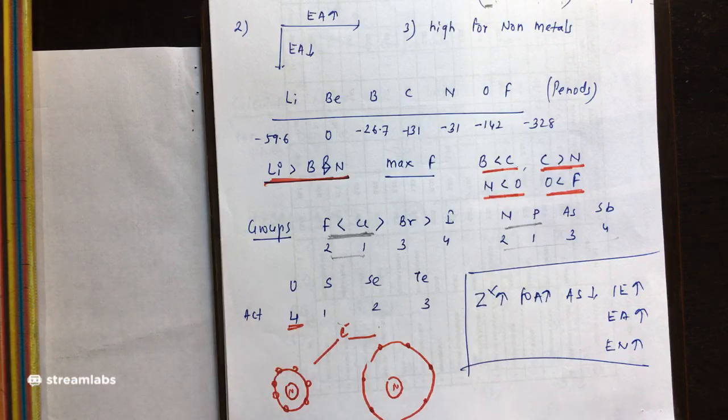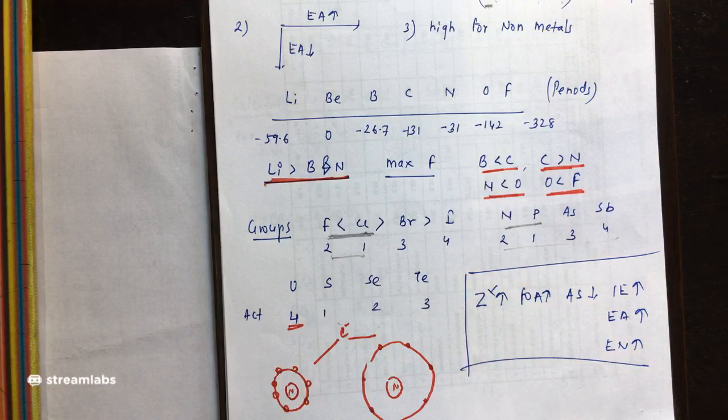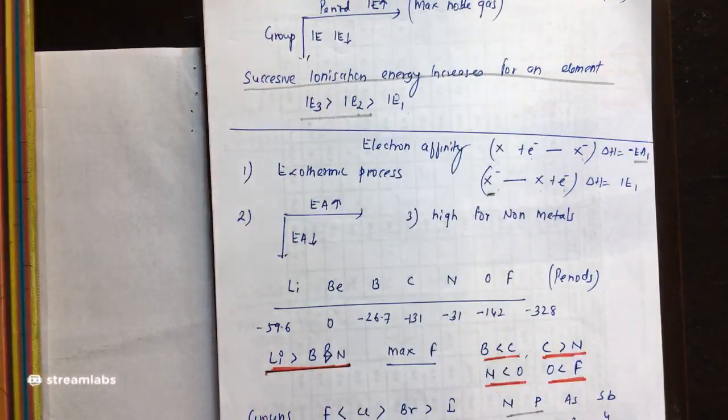If an incoming electron comes, where will it go? Definitely to the larger atom, because inter-electron repulsions are less there. The incoming electron has less repulsion compared to the electron in fluorine. So this is the order of electron affinity we have discussed.